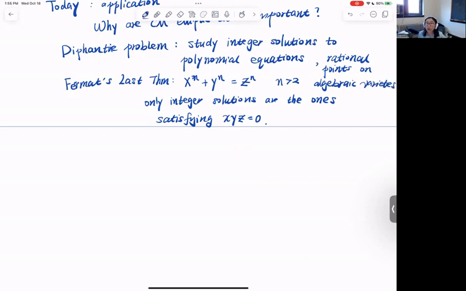Because polynomial equations define algebraic varieties, and the set of integer solutions will naturally correspond to rational points on these varieties. And to study this problem, we can start from, for example, Fermat's last theorem, right? We can start from the case where the algebraic variety has dimension 1, namely rational points on curves.